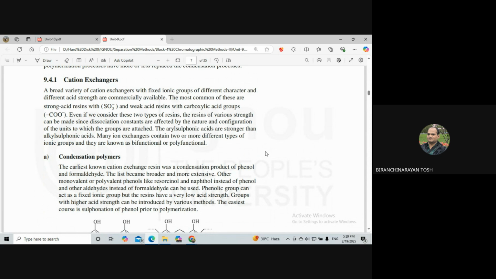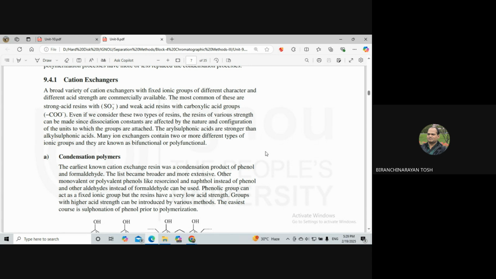A broad variety of cation exchangers with fixed ionic groups of different character and different acid strength are commercially available. The most common of these are strong acid resins like SO3 minus, and weak acid resins with carboxylic acid groups as COO minus.